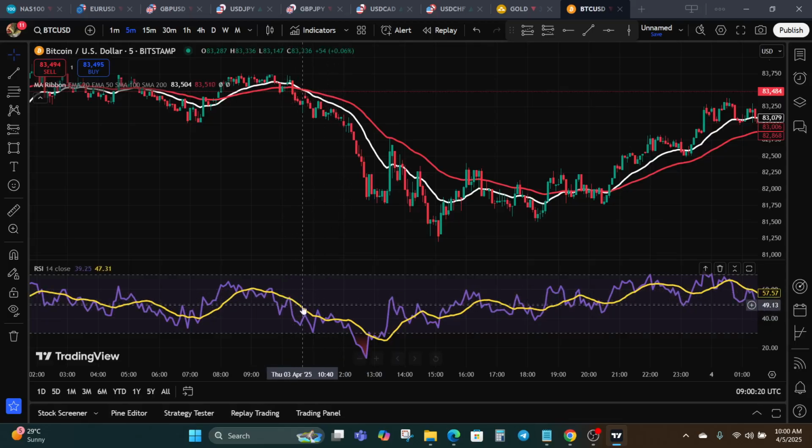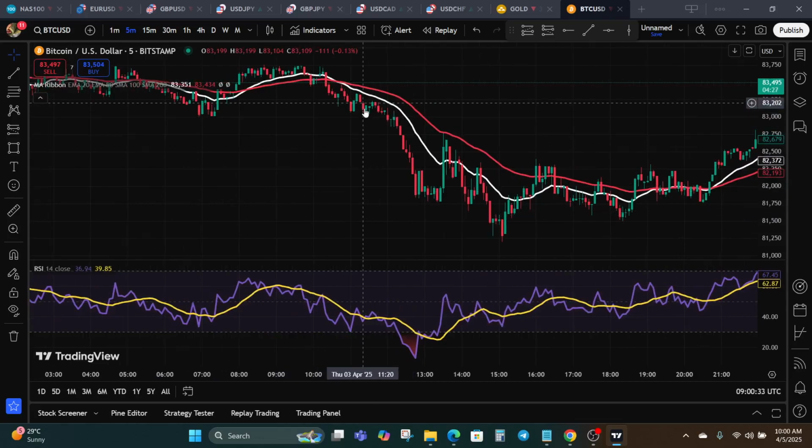You can see that happened around here. And make sure you have a bearish candle that forms and confirms rejection. You must have a bearish confirmation, like what we had here.